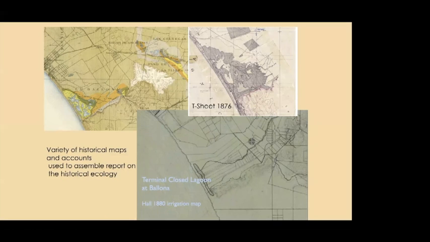Well, yes, it's not just one T-sheet. It's the compilation of the historical record using older maps, T-sheets, irrigation maps. All of these things go into account and assemble the report. It's not just one thing. It's many things, and it's a science. It is a science, and it's so valuable and should be used.